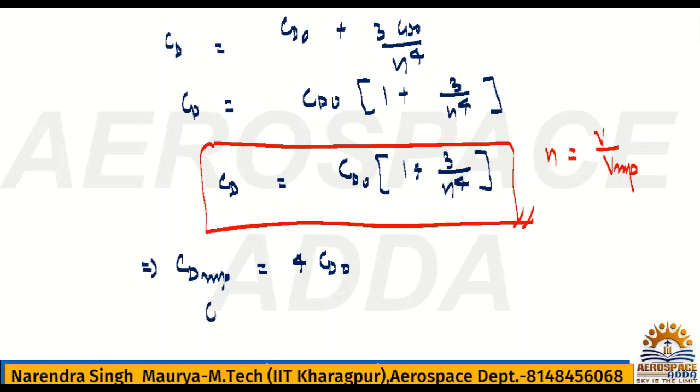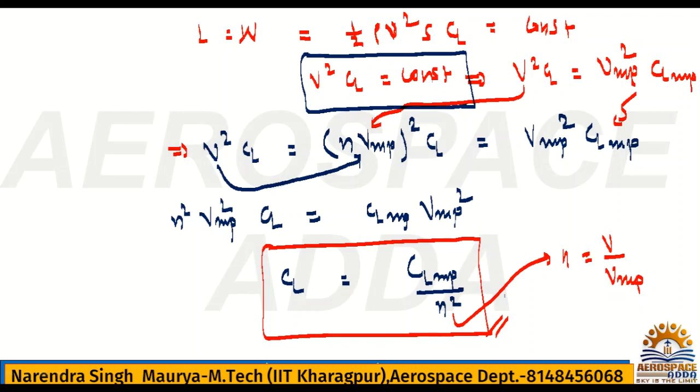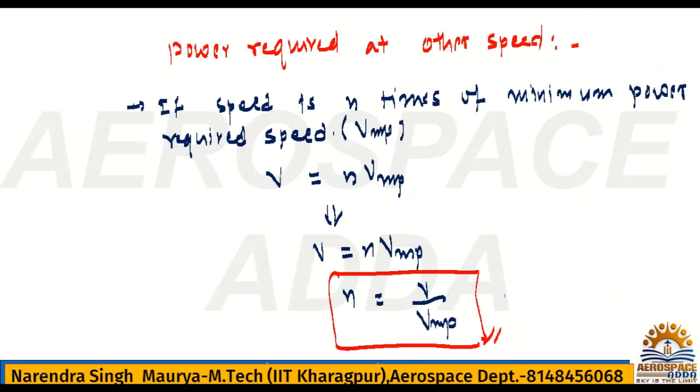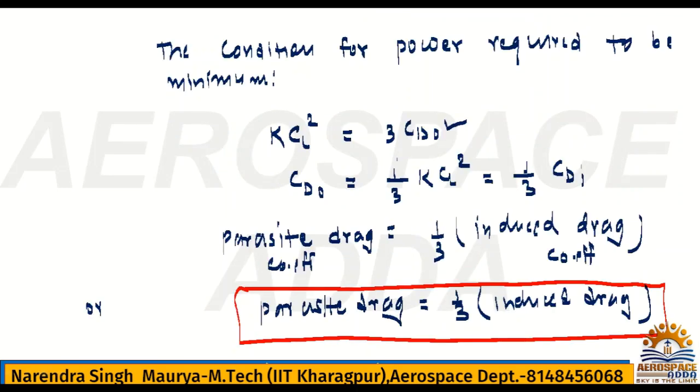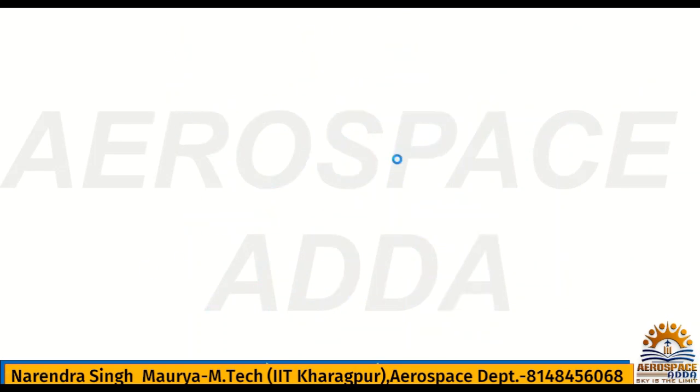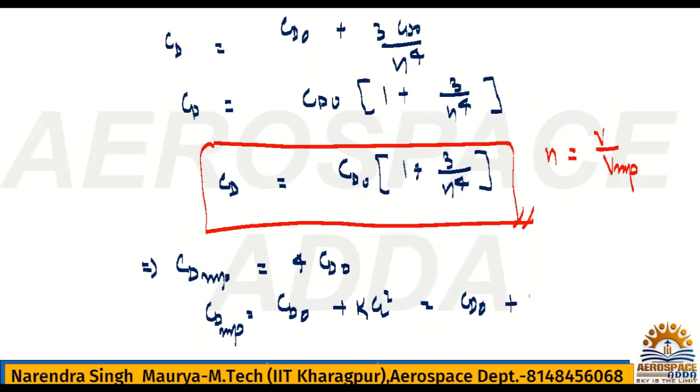CD is CD naught plus KCL square, and for minimum power this CD is CD_MP. CD naught plus KCL square, CD naught as it is. What is KCL square here for minimum power required? KCL square is nothing but 3 CD naught. So directly you get 4 times CD naught. There should not be confusion about how it comes.